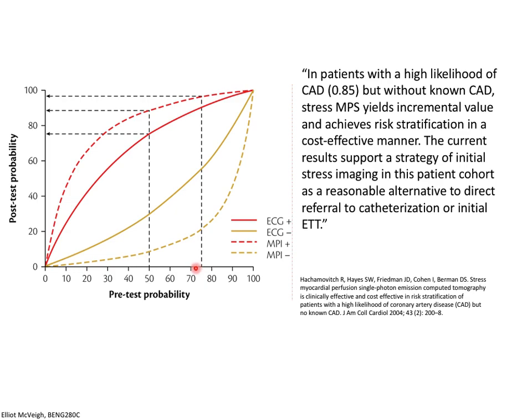Equally, you can see that if I'm this 75-year-old person with diabetes, etc., and I have a high probability of heart disease, I'm at 75% when I walk in the door, and my myocardial perfusion scan comes out negative, well then my probability drops down to here, right?